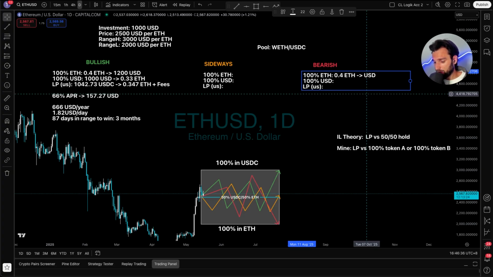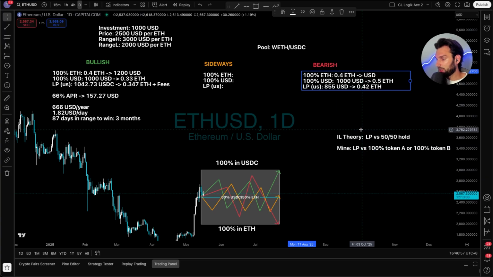These guys will have 1,000 USD, and they will be able to buy more ETH. They will be able to buy 0.5 ETH at $2,000, right? So they win in ETH. And we are going to be in the middle. We are going to make around 855 USD, and we will be able to buy around 0.42 ETH, right?